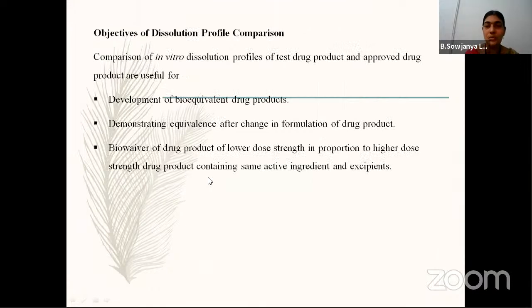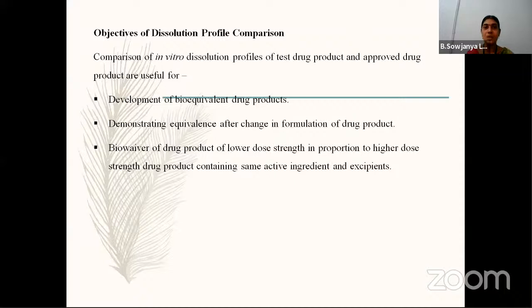Next, the objectives of dissolution profile comparisons. Whatever dissolution we have performed, the absorbance values can be determined easily with a spectrophotometric method, and we plot a graph of time versus concentration or cumulative amount of drug release. Based on that, we can predict the dissolution profiles of the test product and the approved drug product.